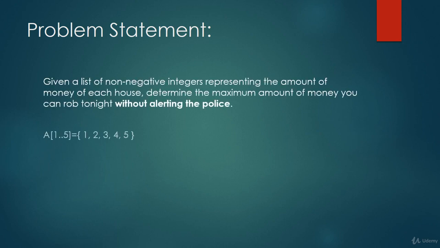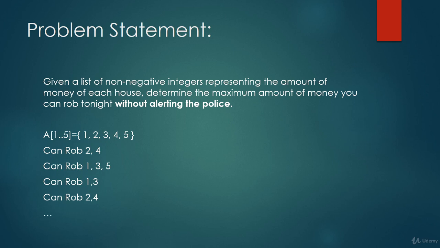Let's take an example for this. Let's say we have an array of 1, 2, 3, 4, 5. One possible idea is we can rob house 2 and 4, or we can rob house 1, 3, and 5, or we can rob house 1 and 3, and so on.